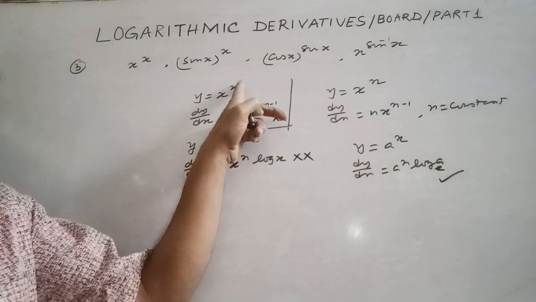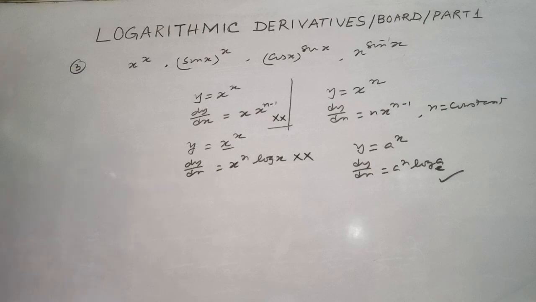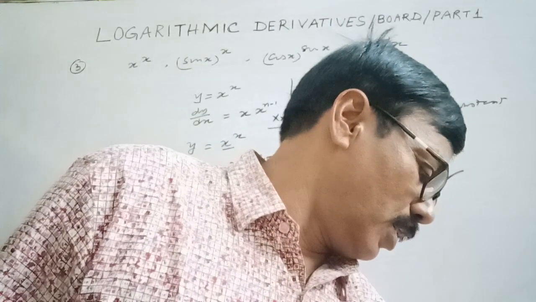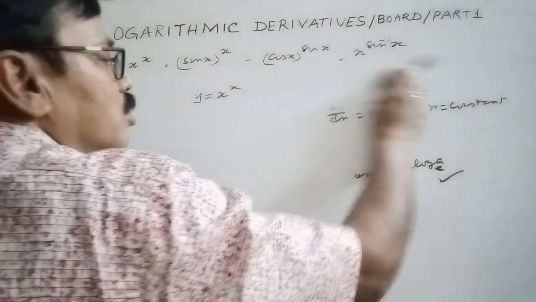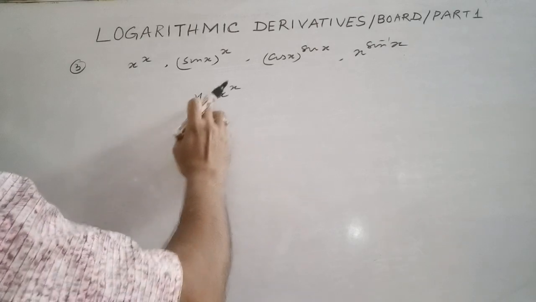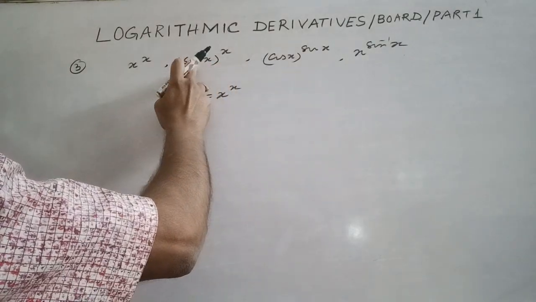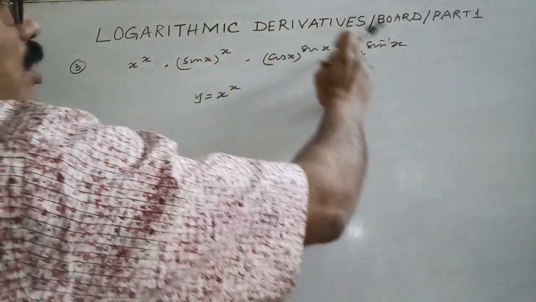Here the power is constant in one rule and the base is constant in the other, so this is not correct. Look, here the base is a function of x, the power is also a function of x.